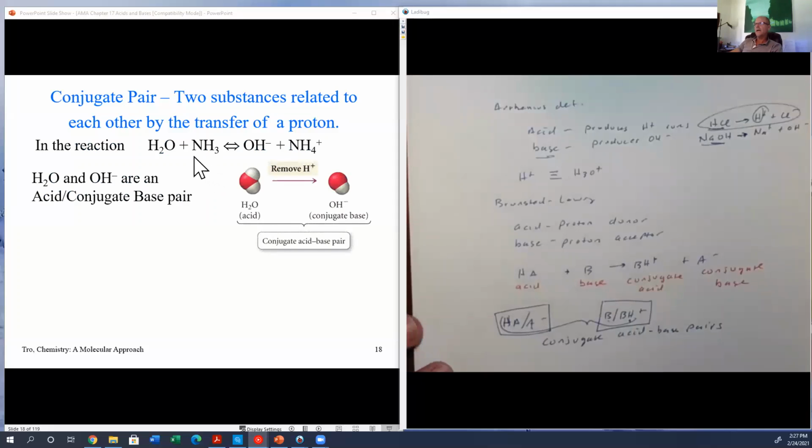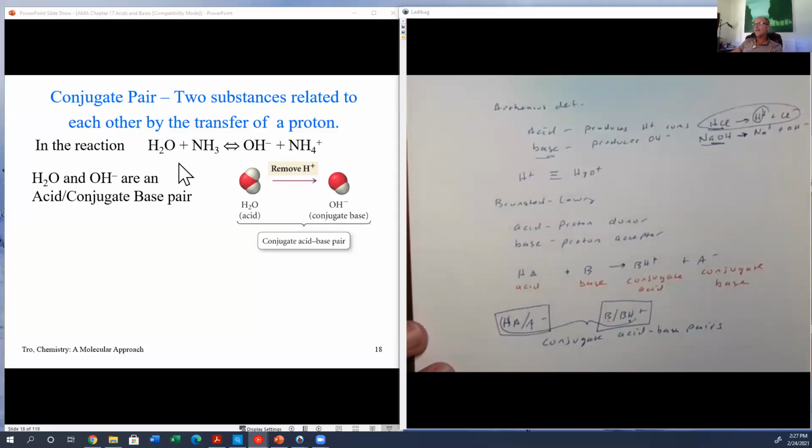So let's look at this reaction. H2O plus NH3 goes to OH minus plus NH4 plus. What's acting as the acid here in the forward direction? H2O is acting as an acid, becomes OH minus. NH3 accepts that proton, so NH3 is the Bronsted-Lowry base.